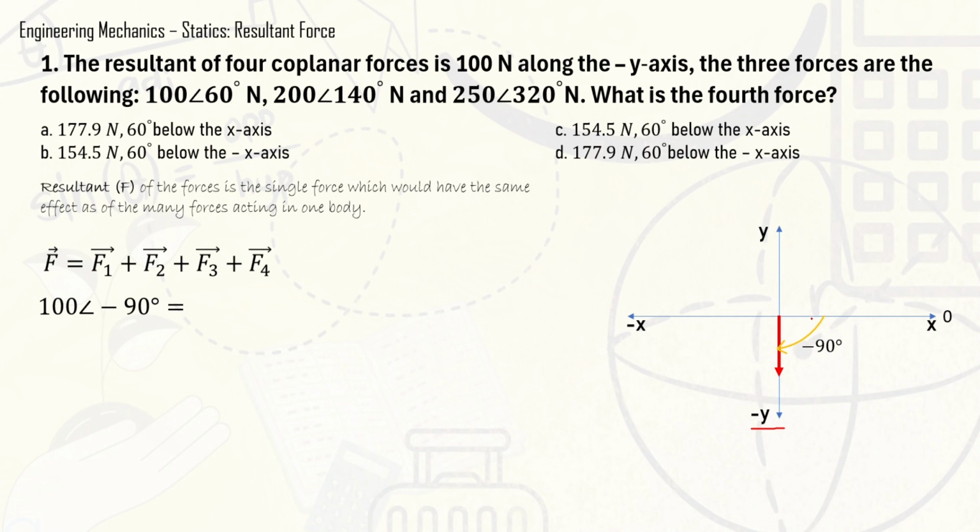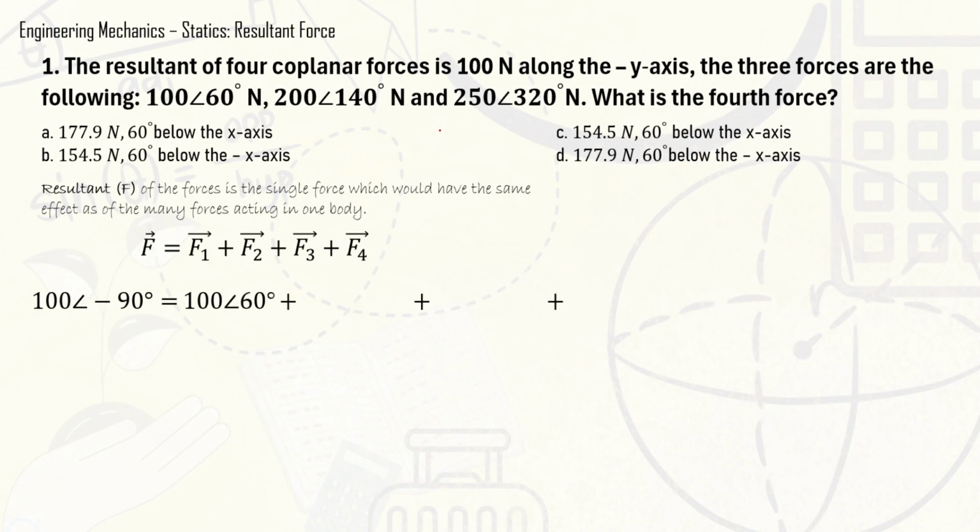Pero kung ang gagamitin mong direction is pa-counterclockwise, ang magiging angle niya is 270 degrees. So it doesn't matter kung 270 degrees or negative 90 degrees ang gagamitin mo in solving this problem, kasi equal lang naman sila. It's up to you to solve this problem using 270 degrees and compare. But I'm telling you, same lang din naman sila.